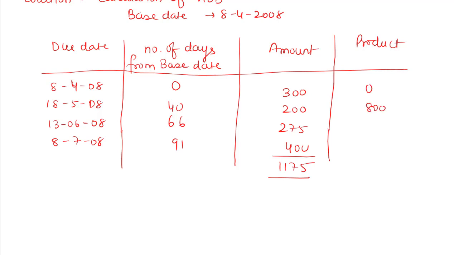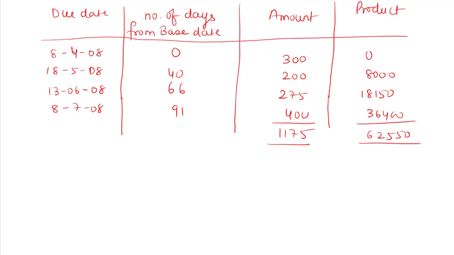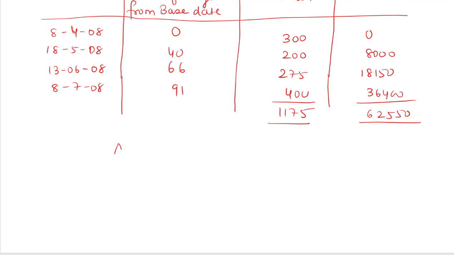Product 0, 8,000, 18,150, 36,400. The total of product column 62,550.